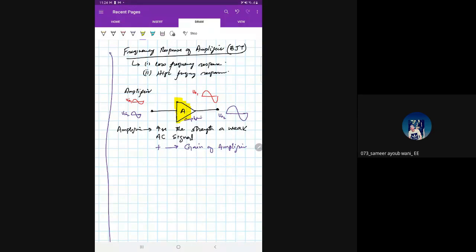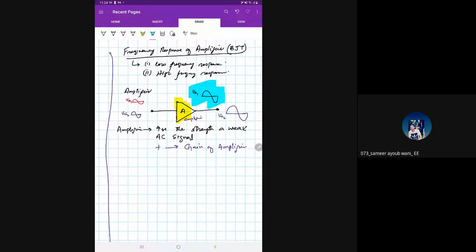Now, the job of the amplifier is to increase the strength of a weak AC signal. If we have a weak AC input signal, which is V in 1, it will result in a stronger output, which is V output 1.